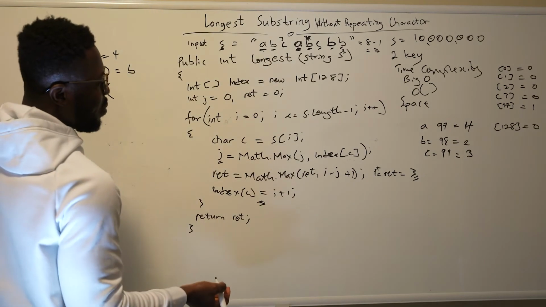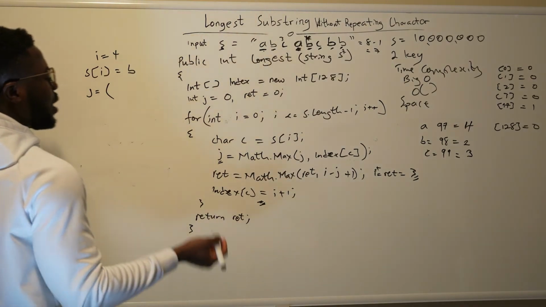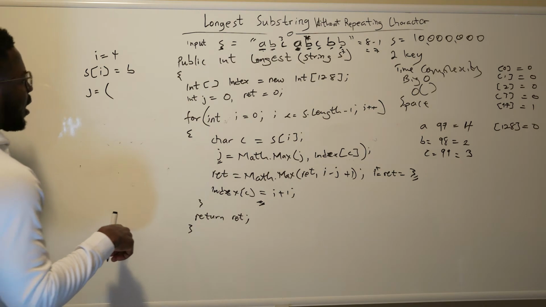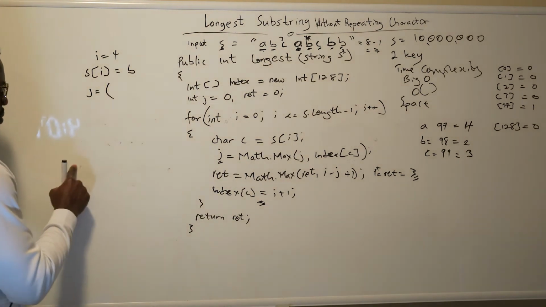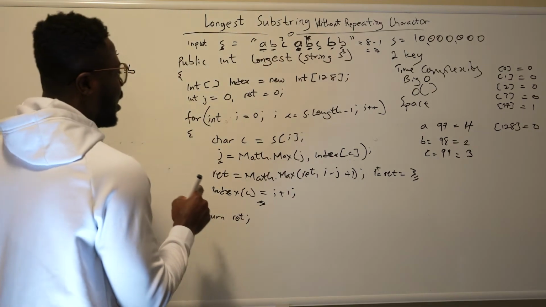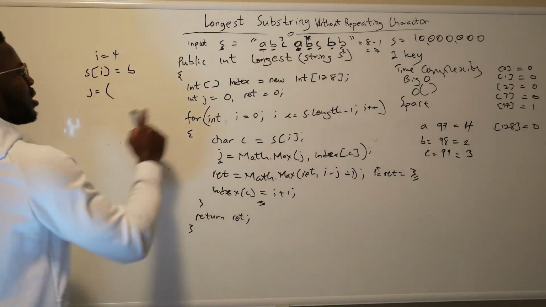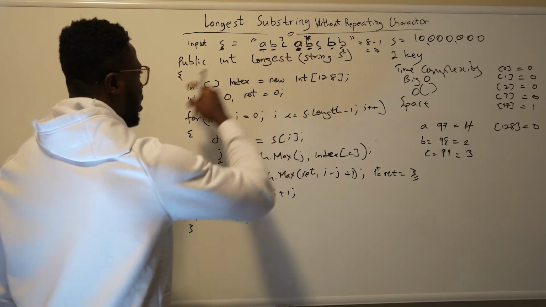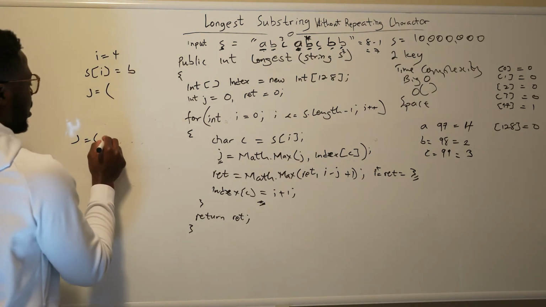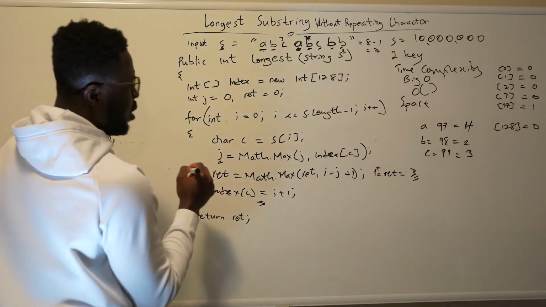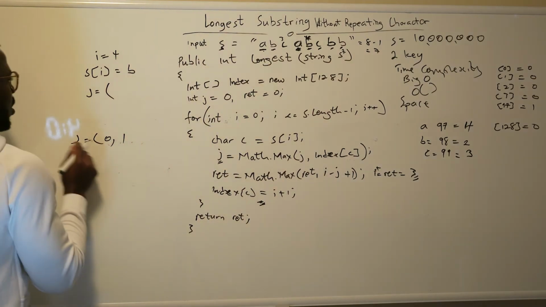The last time we were able to get J a value, I already erased it, but I think it was index of A, which was 1, right?